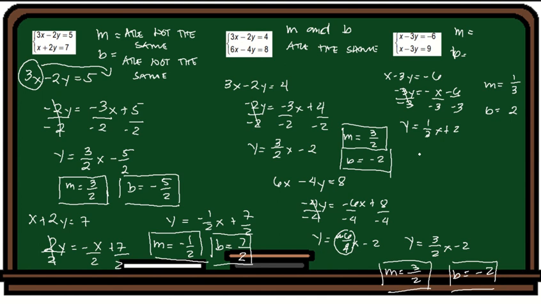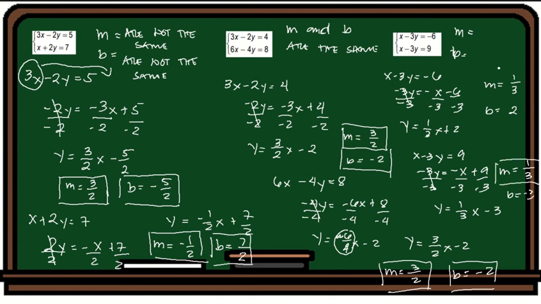For the second equation, we have x minus 3y equals 9. Transpose, we have negative 3y equals negative x plus 9. Divide each term by negative 3, so you have y is equal to 1 over 3x minus 3. So our m here is 1 over 3 and our b is negative 3. As you observe, our m here are the same, but the b are not the same.